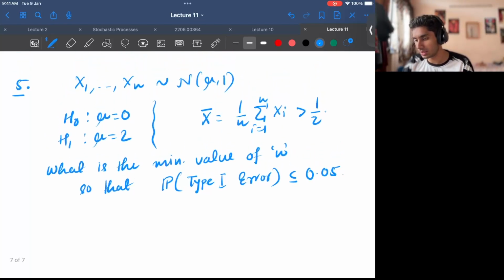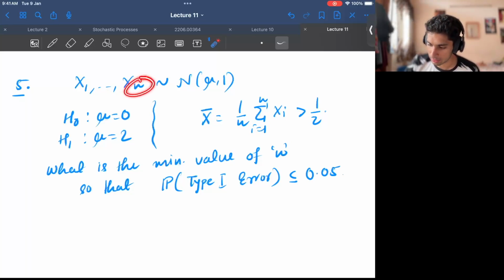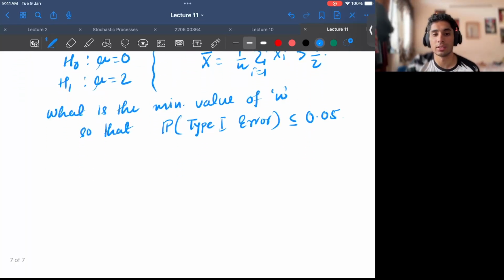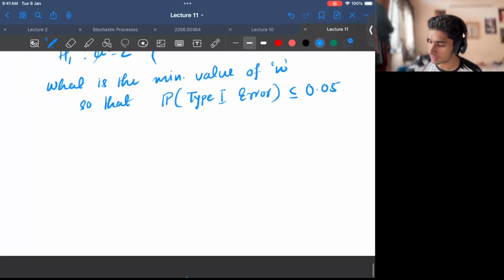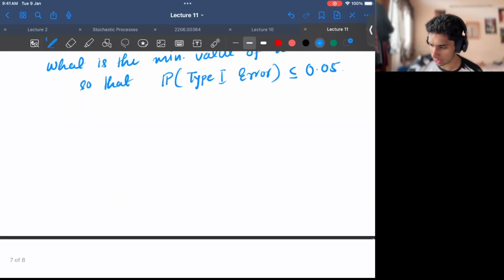So here the question is not straightforward. It is basically asking you what is the minimum number of samples n that you should take so that the probability of type 1 error is less than or equal to 0.05. Okay, so how will you solve this? Simple. You just have to keep in mind the basic definition, right?